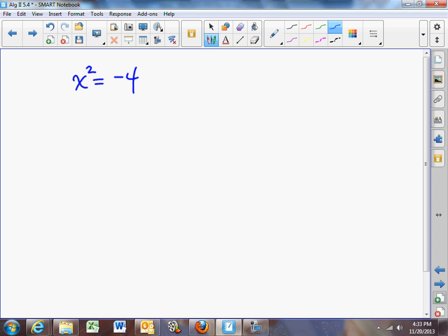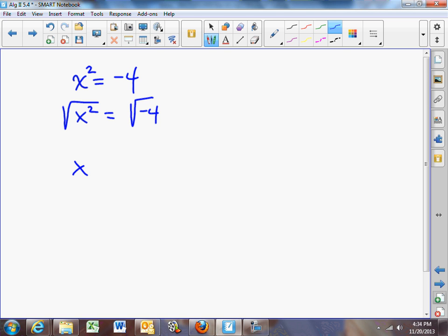Now, one of the things that we can do to solve a simple quadratic equation like this is to take the square root of both sides. When we take the square root of both sides, on the left-hand side, the square root of x squared is x. On the right-hand side, we get the square root of -4.